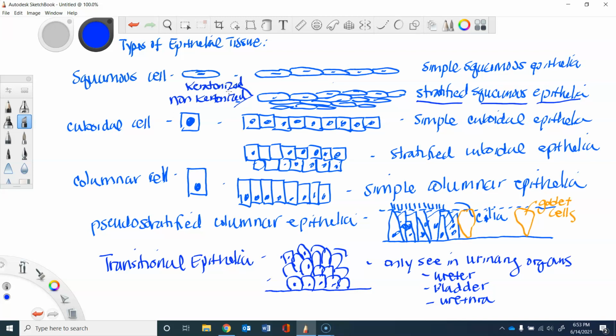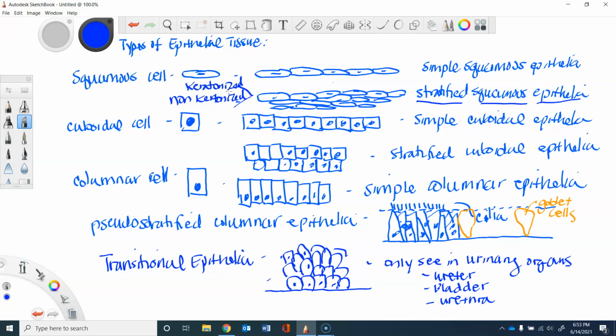Keratinized stratified squamous epithelia you're going to find in the skin. Keratin is a protein that makes your nails hard, that makes your skin and your hair sort of hard, waterproof, all of that.